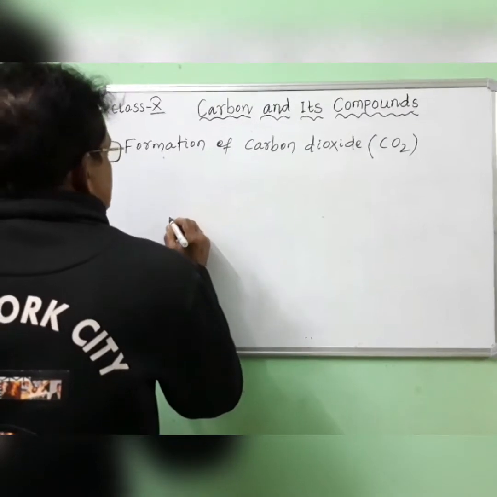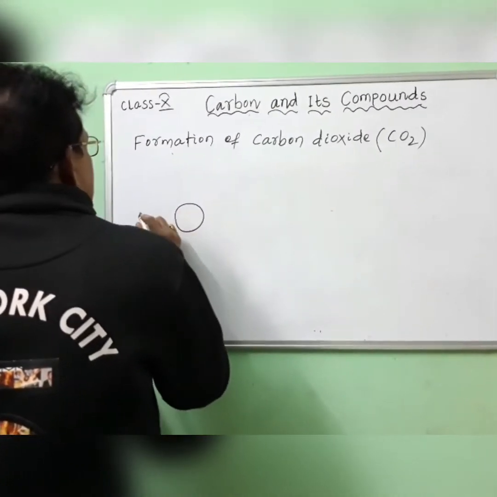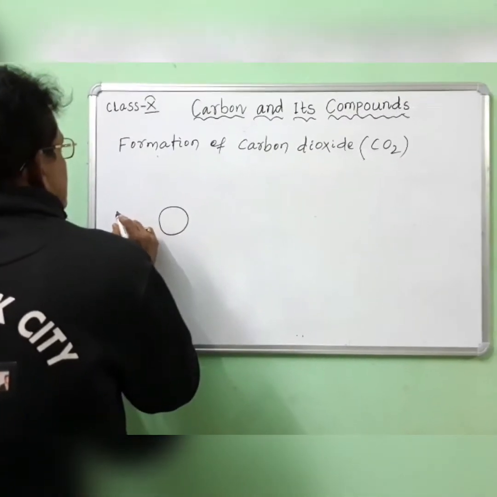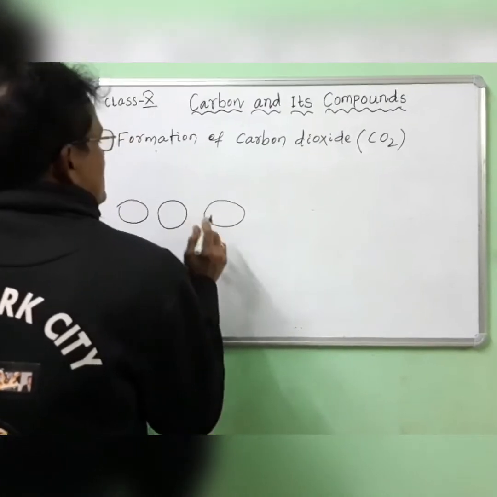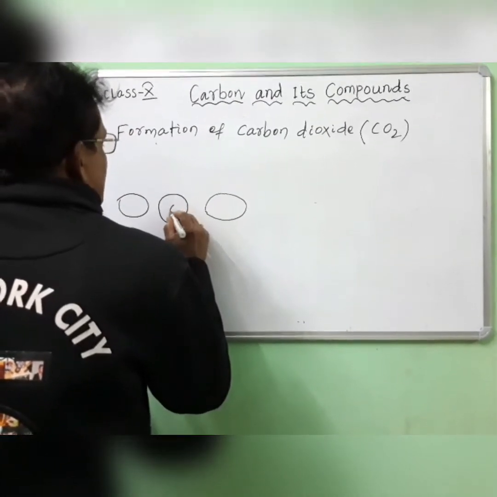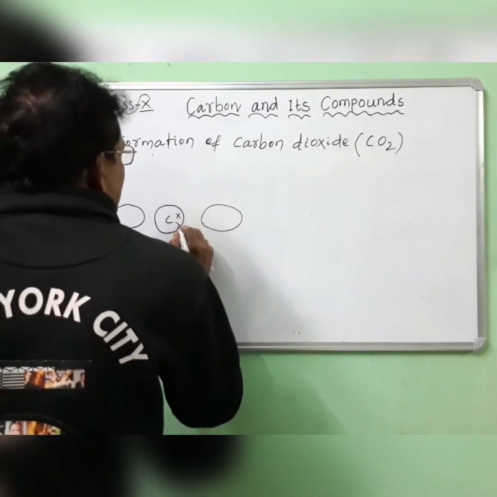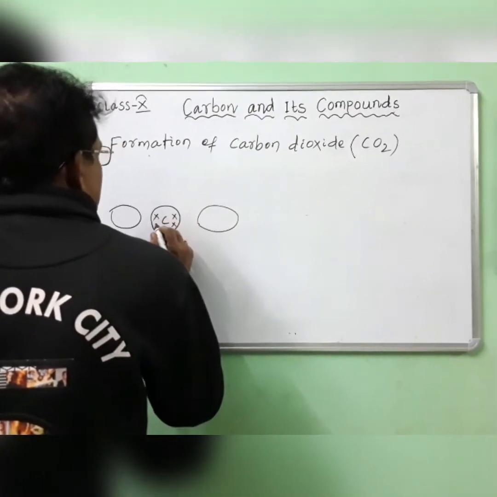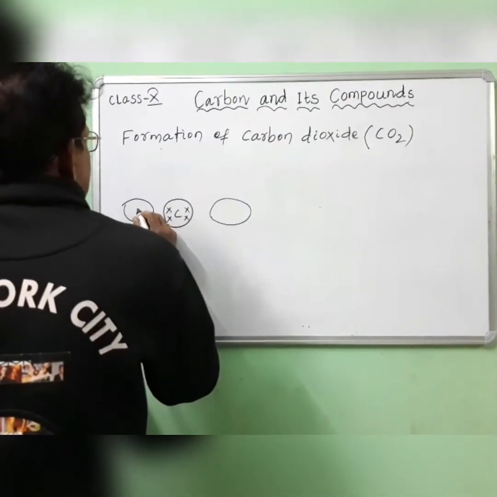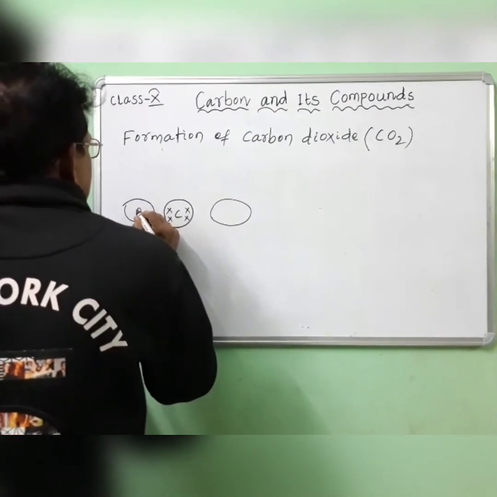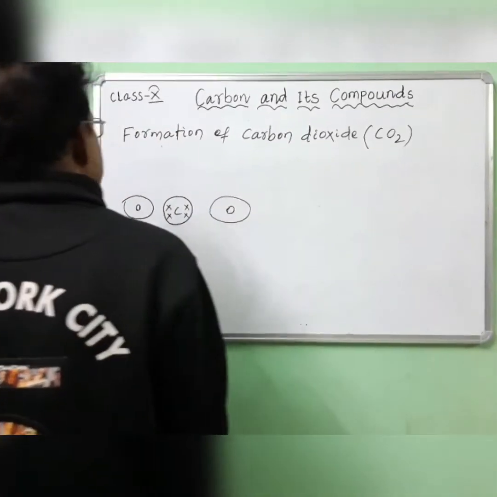Carbon dioxide. So here the oxygen. Here we also oxygen. Okay. Here this is the carbon atom. It has only 4 valence electrons. Here oxygen atom. Here we also oxygen atom. Clear?